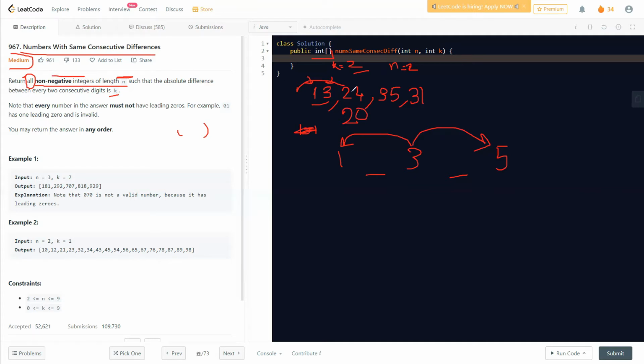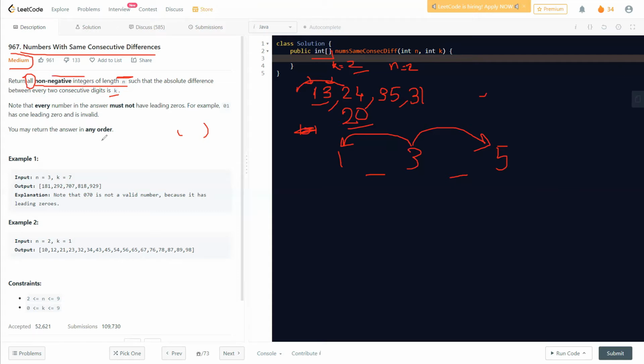So for 13 it's not possible, but for 24 we can make 20 as well. We'll keep on adding those numbers, and ultimately we will return the whole list.